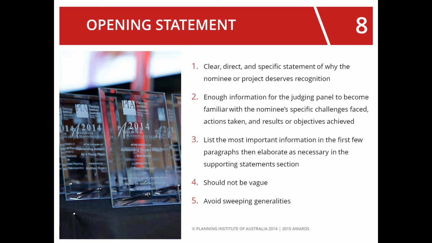Also make sure that you're listing the most important information in the first few paragraphs and elaborating as necessary as you address all the selection criteria. You shouldn't be vague in your statements and avoid sweeping generalities.